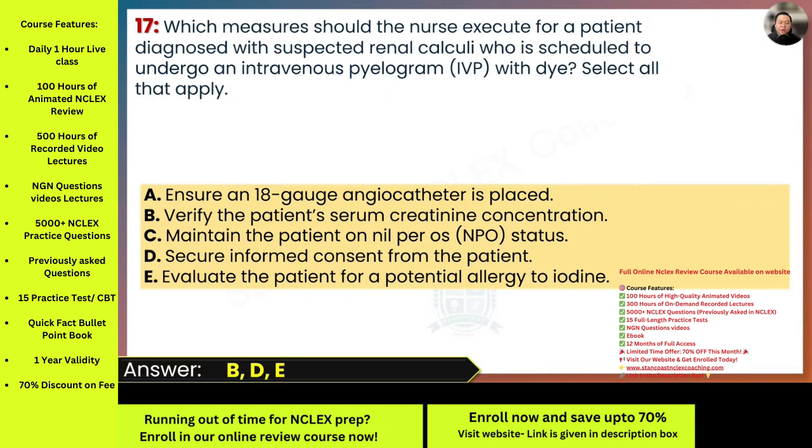So, your role is to check the patient's serum creatinine levels because the contrast dye can be toxic on the kidneys. And if the patient's kidney function is already compromised, the dye may make the situation worse.